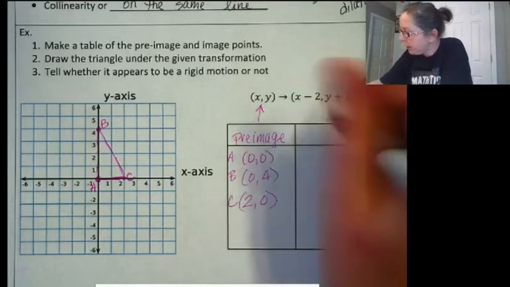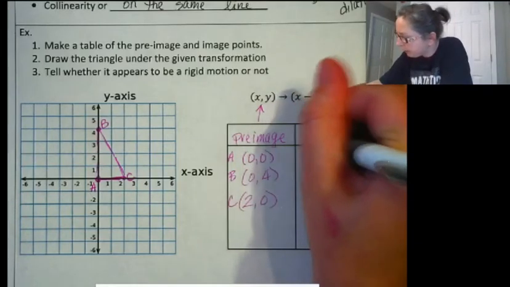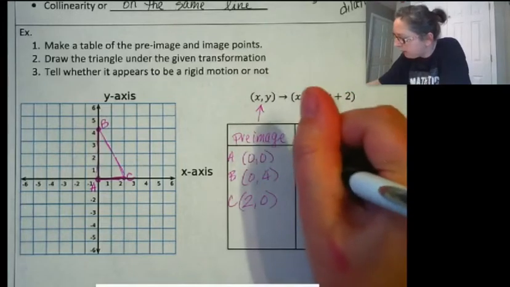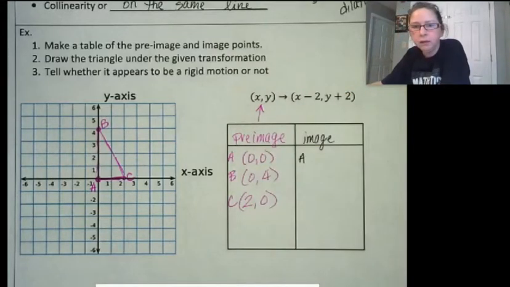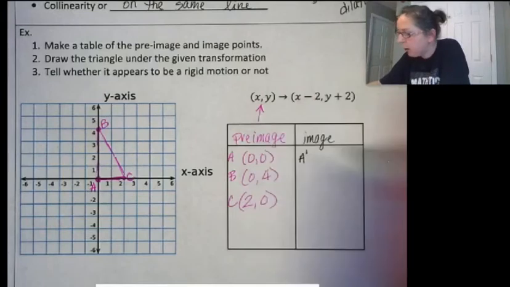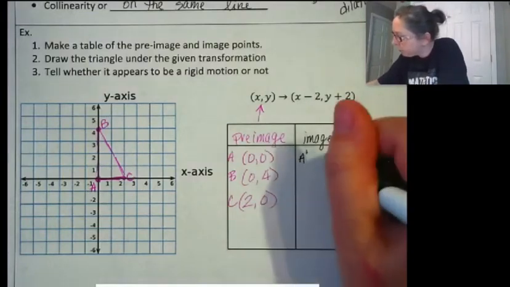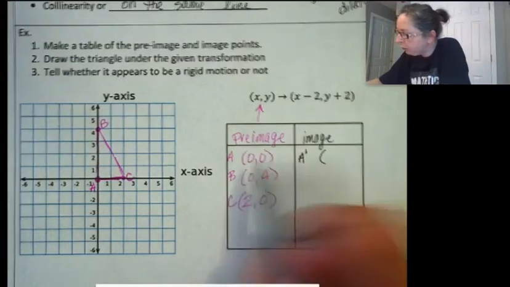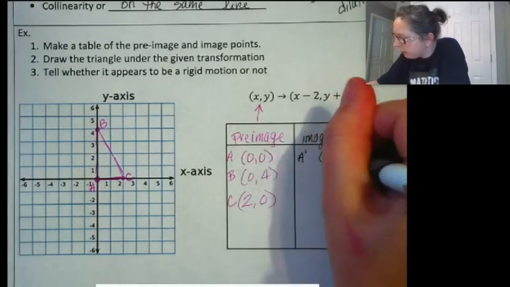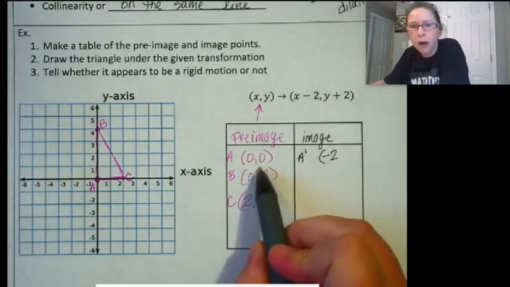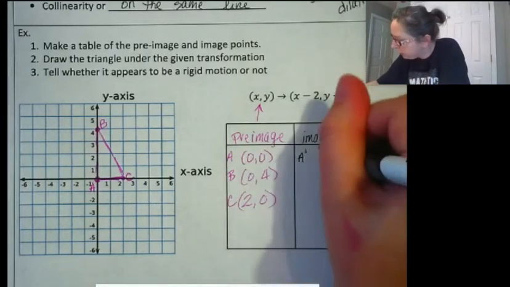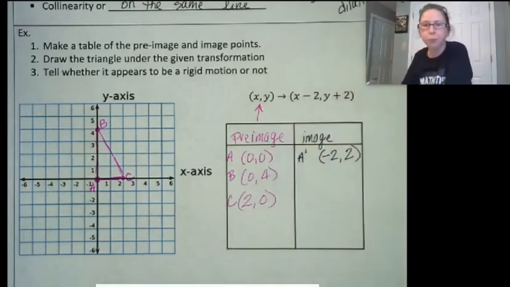So starting with point A, once I do the translation, this is now going to be A prime. So I need to do the X value. 0 minus 2 is negative 2. Now my Y value, 0 plus 2 is a positive 2.